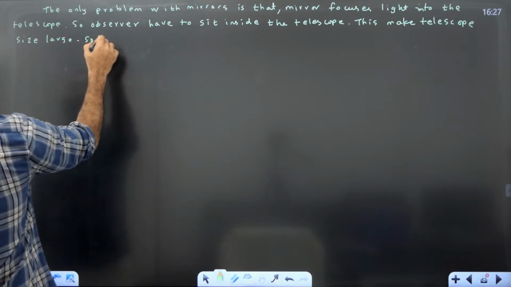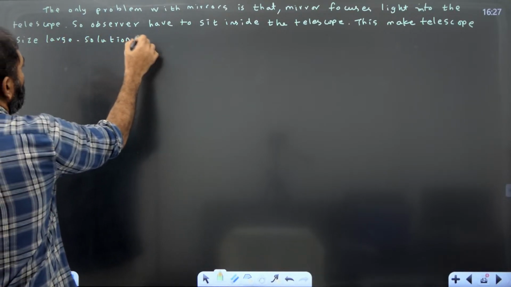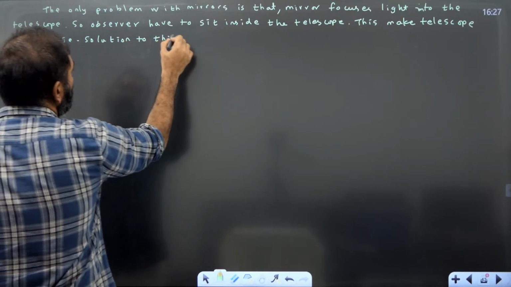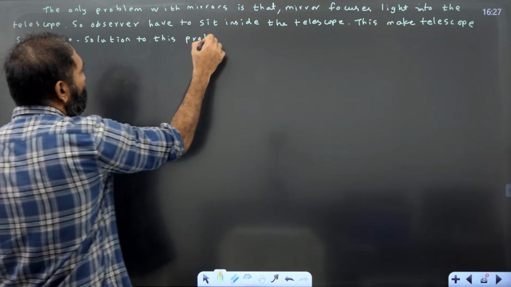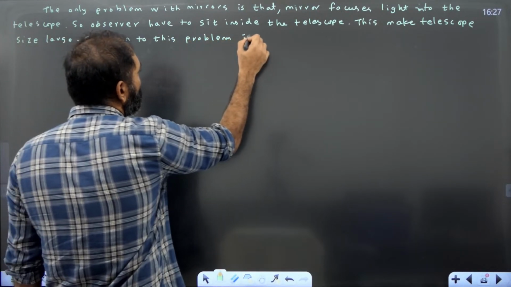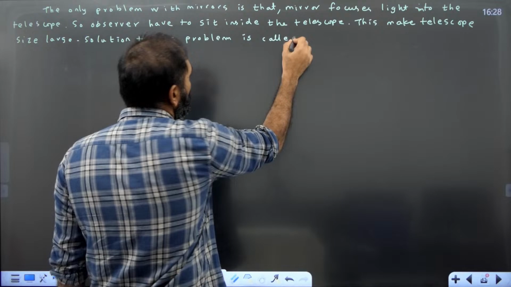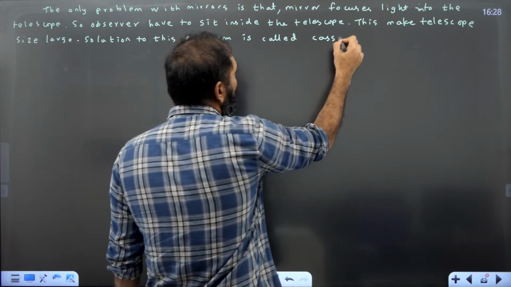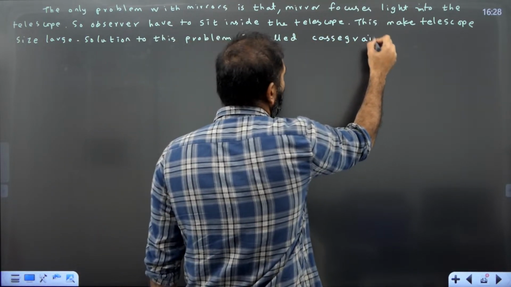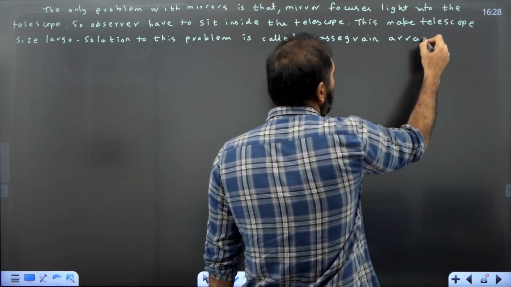The solution to this problem is called the Cassegrain arrangement. What is that?